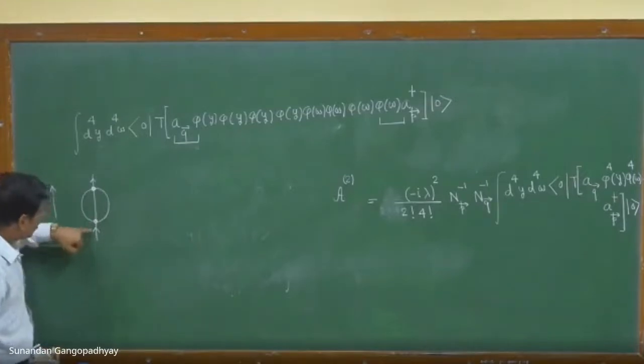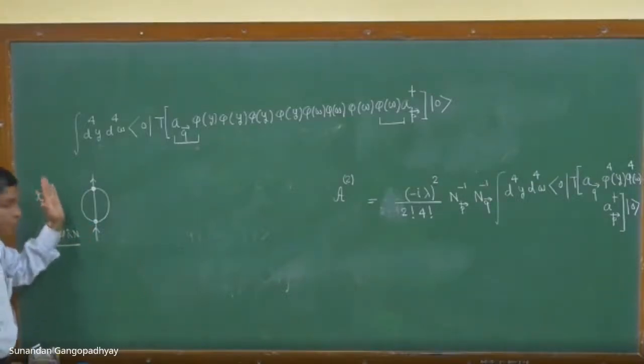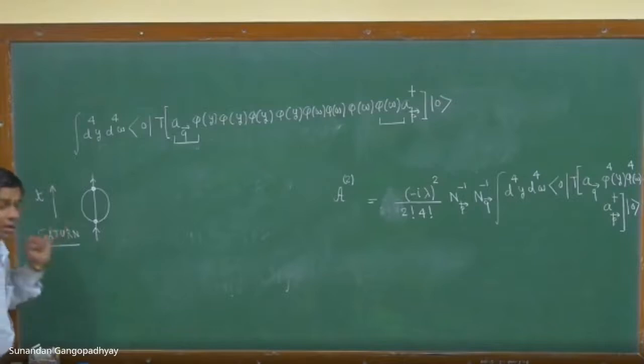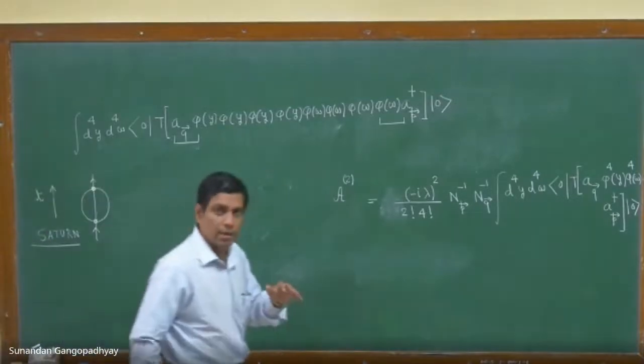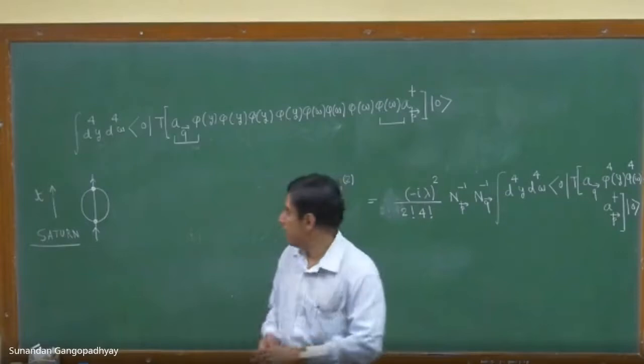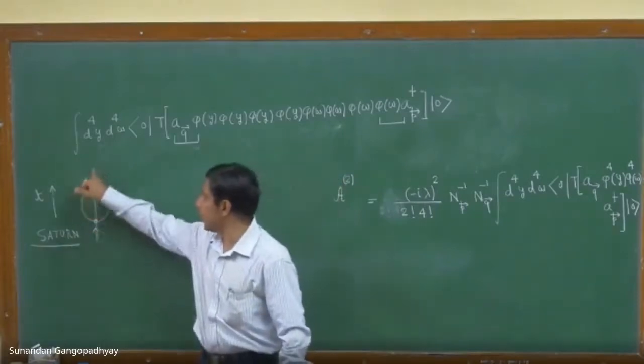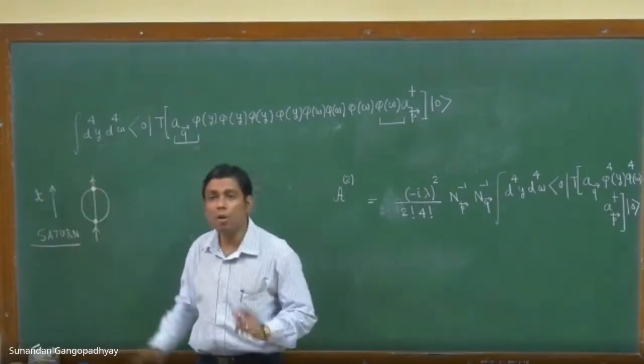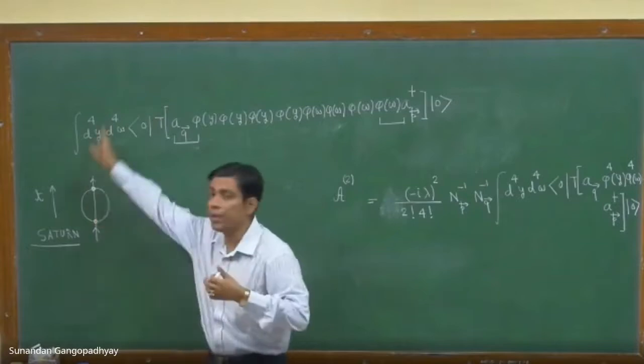This line is called the external incoming line. And if this is your direction of flow of time, then the external incoming line will always be below the vertex. And this line is called the external outgoing line. So this is the outgoing particle.